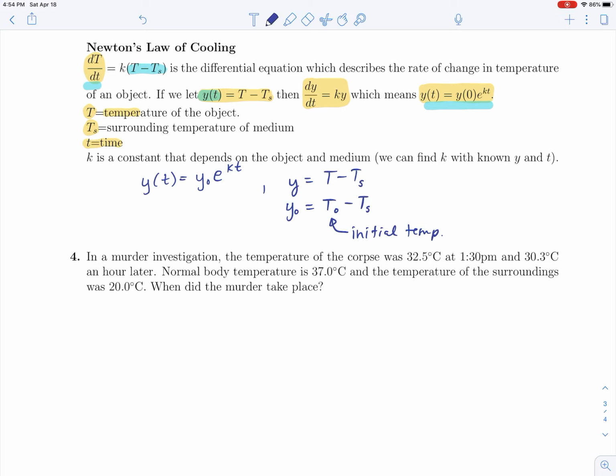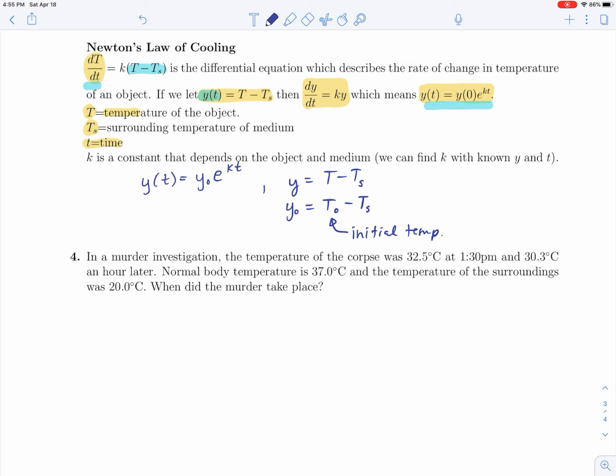Newton's law of cooling is used for things like if you were to bake a pie and you want to know how long before it's cool enough to eat, that obeys Newton's law of cooling. So when you talk about the surrounding temperature of the medium, in the example of the pie, that would be the air surrounding the pie. If you were working with metal at really high temperatures to mold it, you might stick it into cold water, and that would be the surrounding temperature of the cold water.